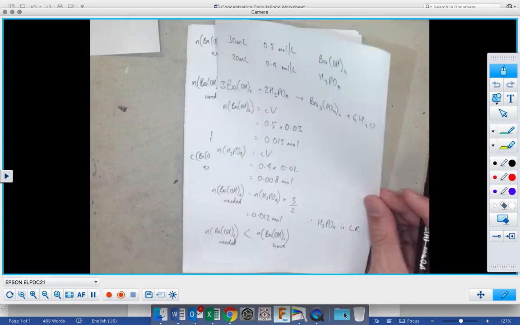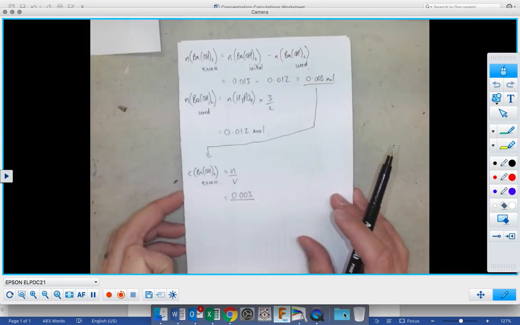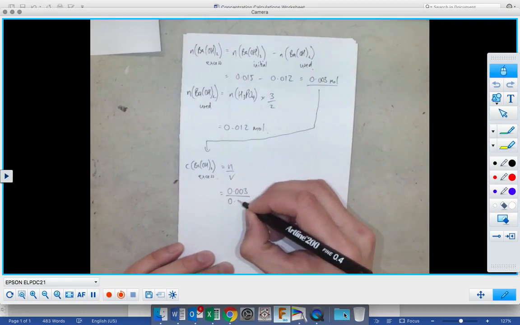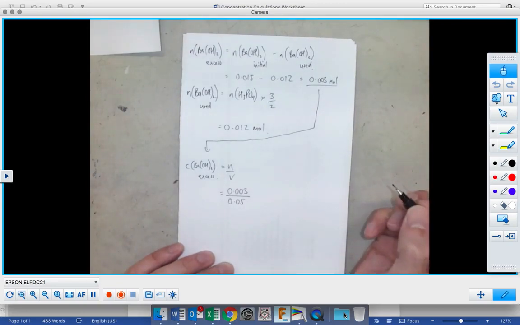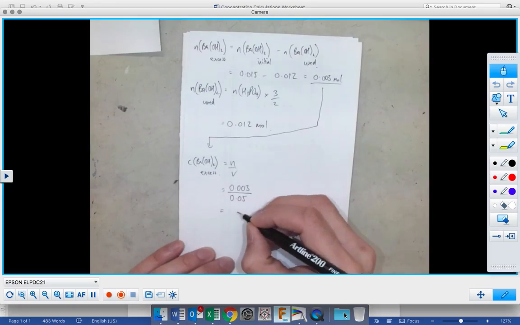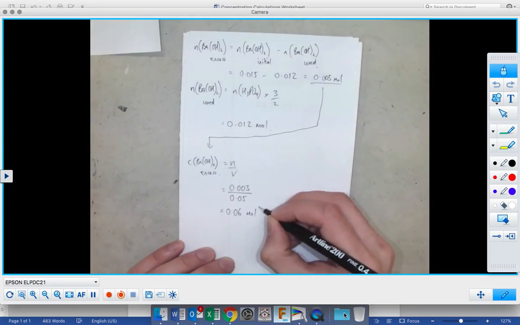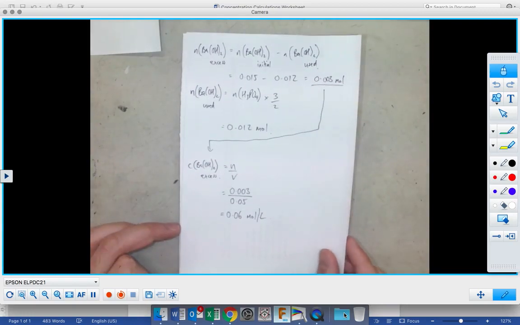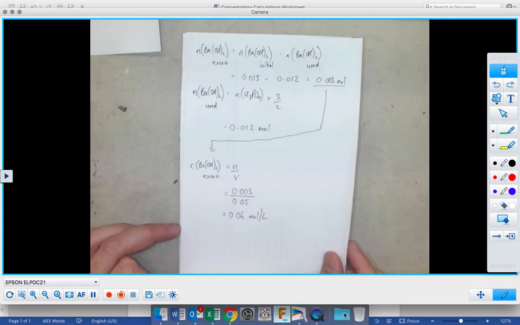It's going to be what they are together. So the final volume will be 50 mL. 50 mL, represented in liters, is that. Therefore, I have 0.06 moles per liter. All right? And that's how you do question number 16 or 17.